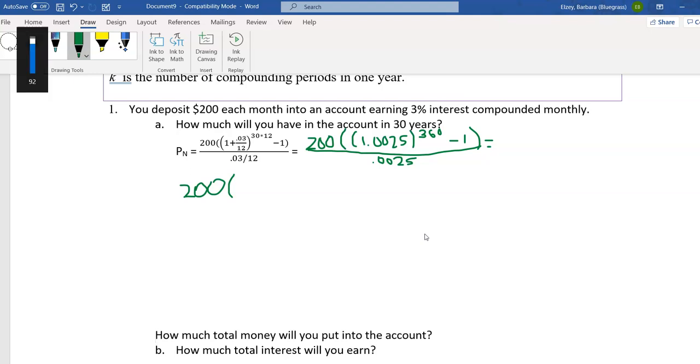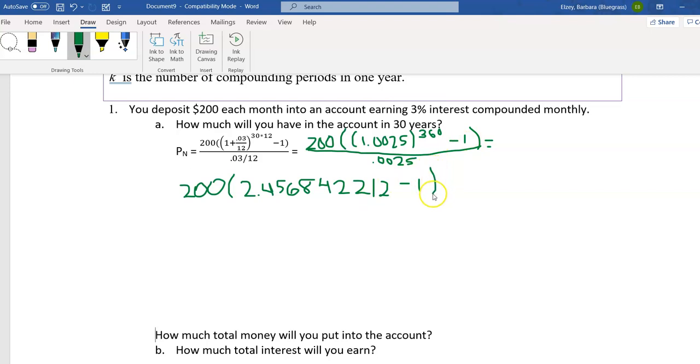And I end up getting, taking it out to all decimal places, 2.456842212. So keeping all the decimals. And then I still have my minus 1 here, all of that over 0.0025.